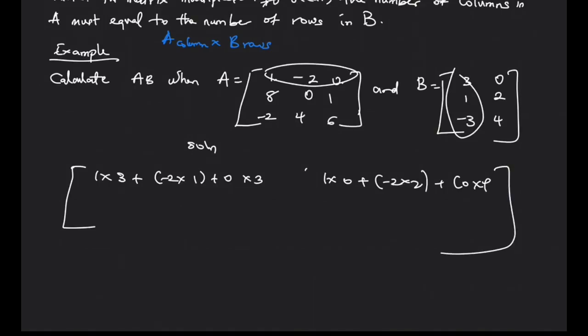So secondly, we take the second row to multiply the second column to multiply each row in B also. That will be 8 times 3 plus 0 times 1 plus 1 times minus 3, then 8 times 0 plus 0 times 2 plus 1 times 4.